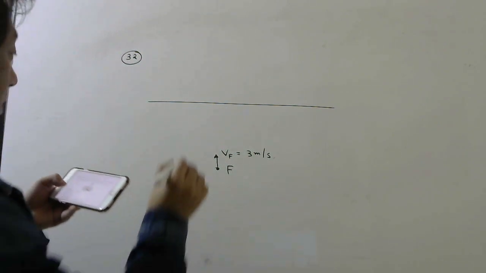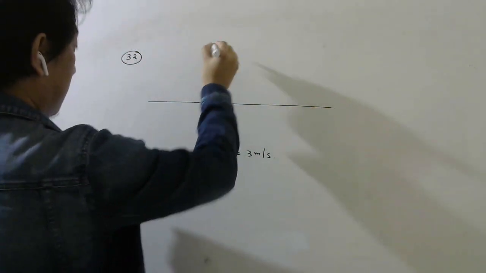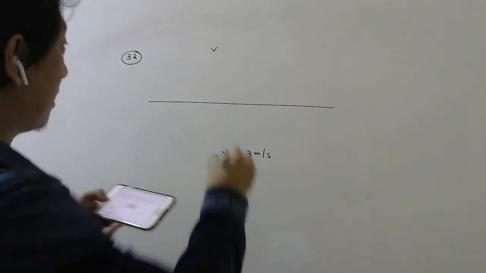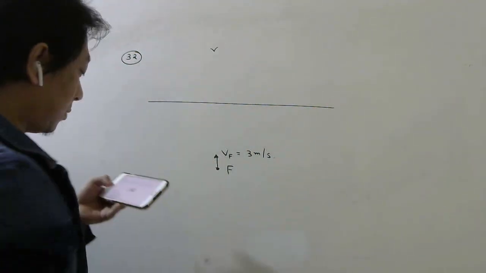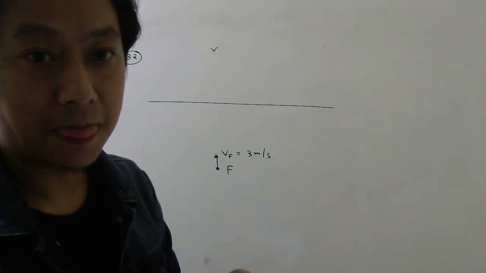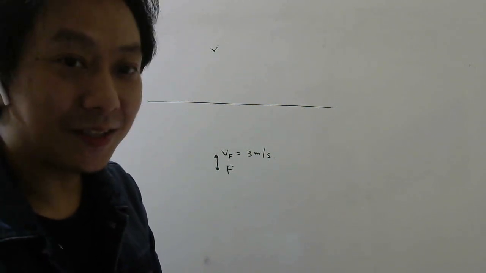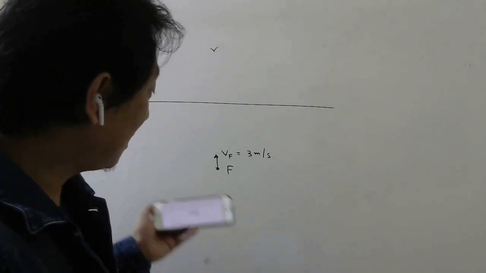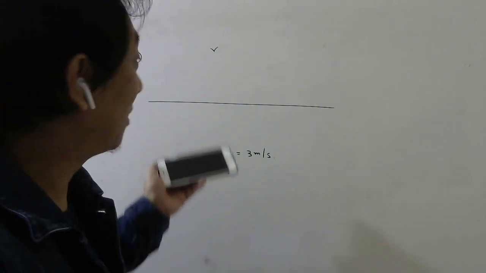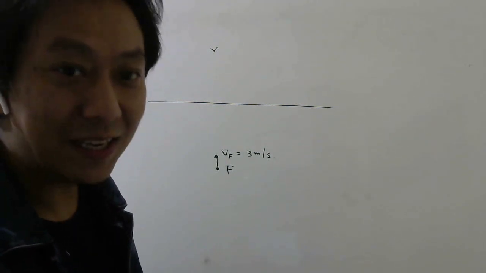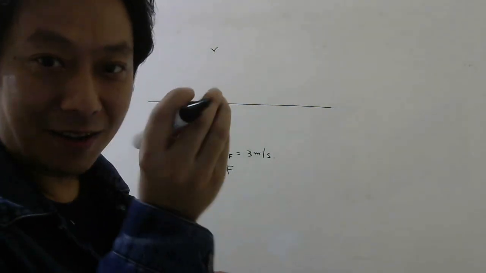It observes a bird diving vertically down with a speed of 9 meter per second. Now be careful. This 9 meter per second is not the velocity of the fish. It is the velocity of the bird as seen by the fish, and the fish will not see the actual bird.